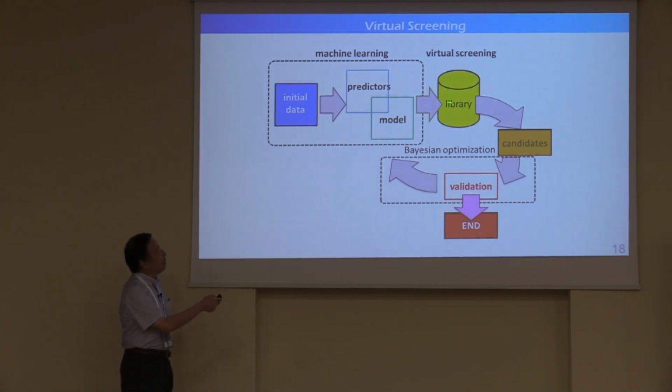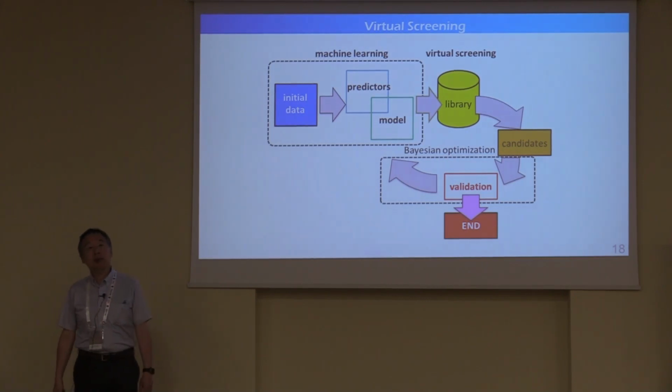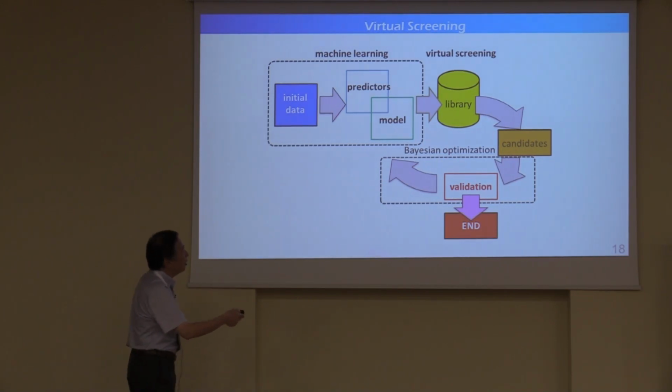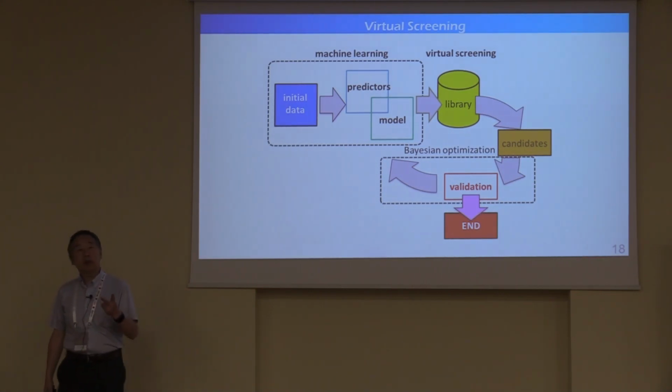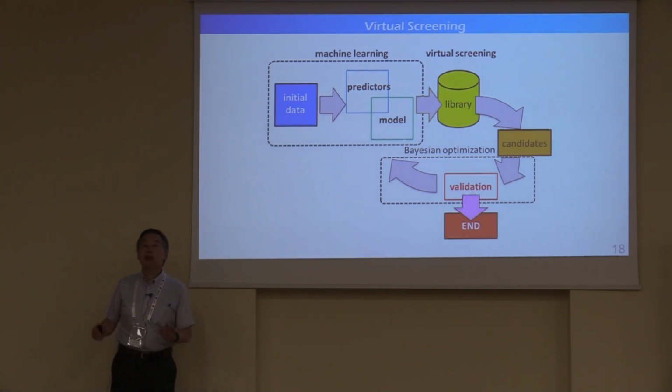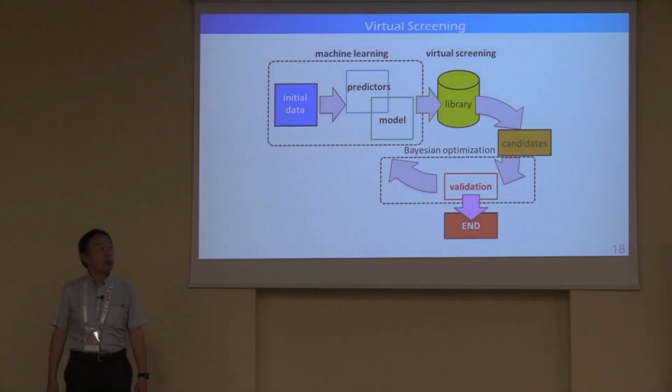So the model can be iteratively improved. This process is called Bayesian optimization. Even when we make this cycle 100 times, with 100 models and 100 cycles of iterations, you need only 200 first principles calculations. It is much more efficient than an exhaustive search of all compounds in a library. So we took this strategy.